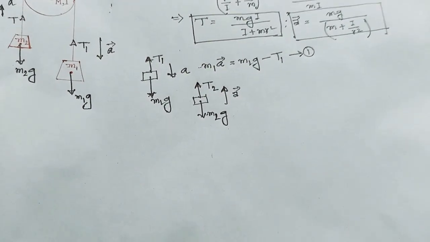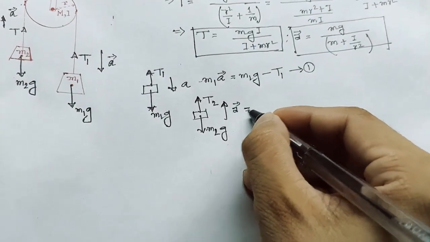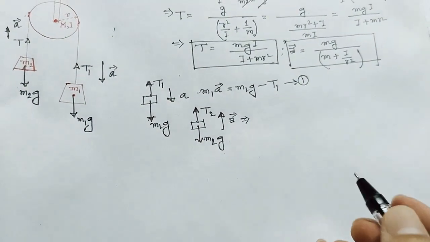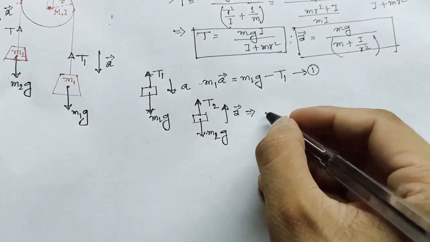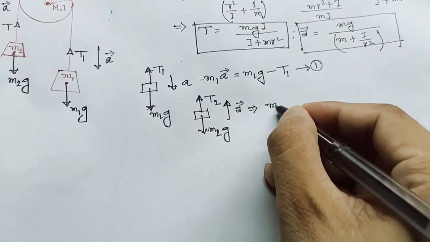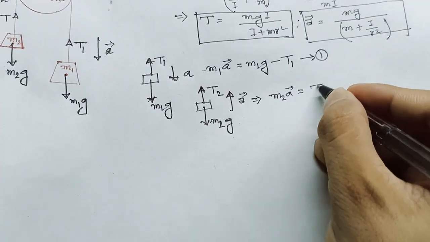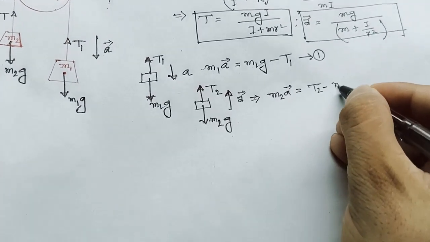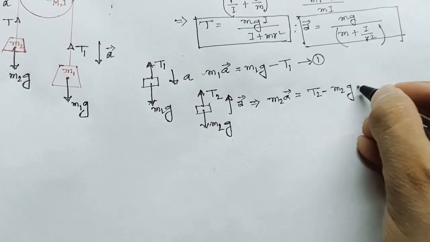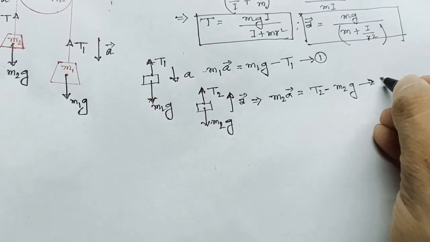This will be the direction of the acceleration for object 2. If we write the equation of motion for this system, the net force m2a will be equal to T2 minus m2g. So this is our equation number 2.